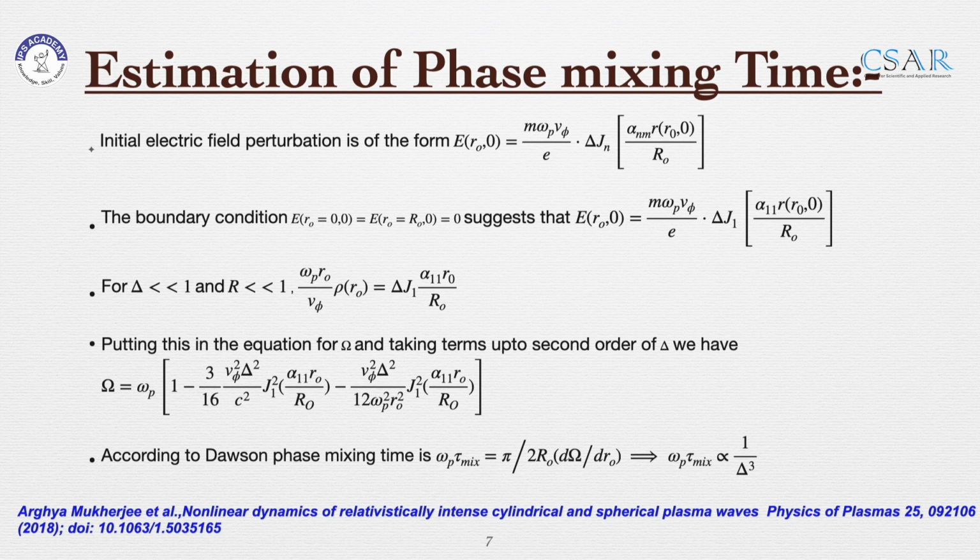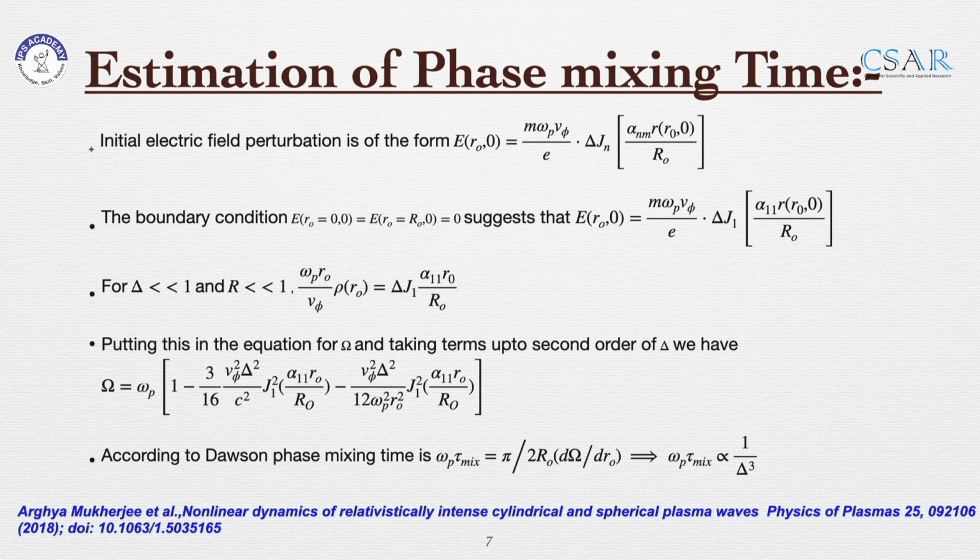And to see oscillation, we need to put the electric field at the center as well as at the boundary of the system to be 0. So keeping all these things in mind, we give the perturbation in terms of a Bessel function of first order.